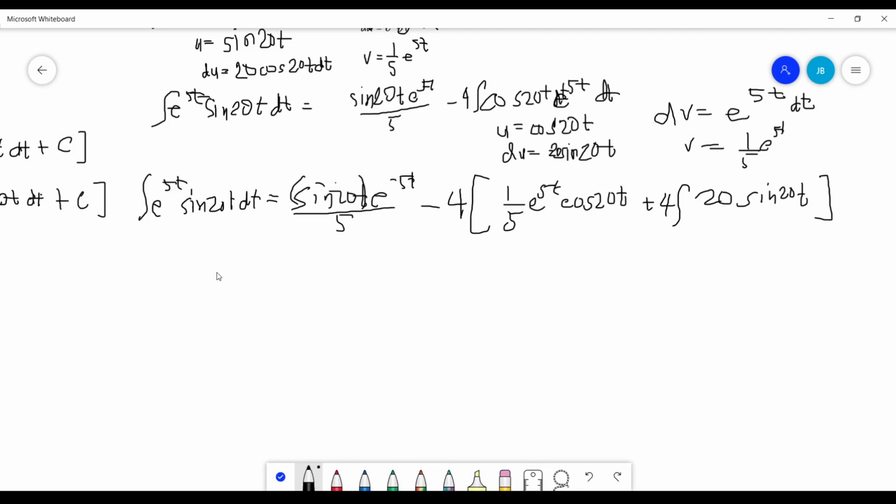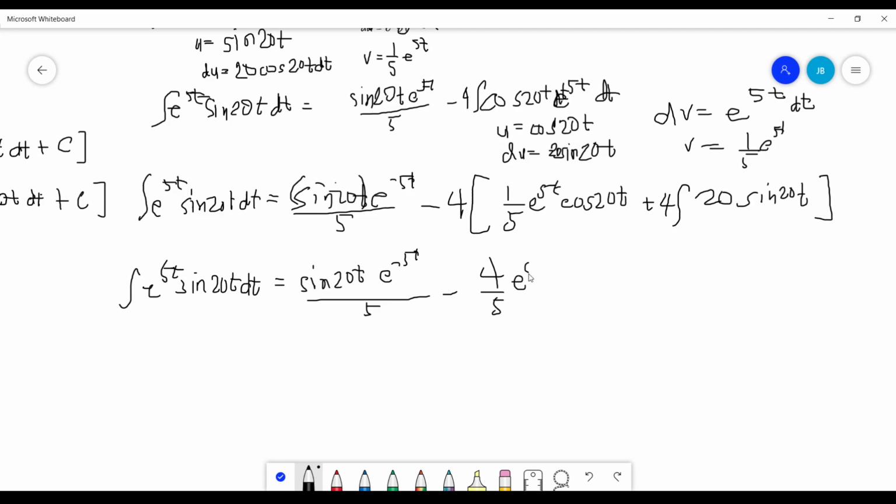So let's rewrite that once again. The integral of e^5t sine 20t dt is equal to sine 20t multiplied by e^5t over 5 minus 4 over 5 e^5t cosine 20t, sorry, that's minus 16 times the integral of e^5t sine 20t.